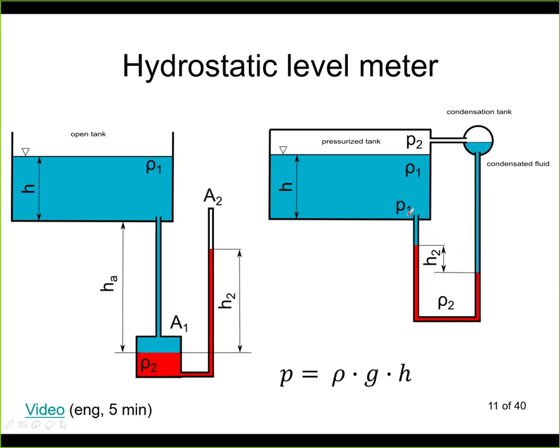So there will be one tap here at the bottom and one tap for the pressure on the top. I recommend you to take a look at this video where they show different arrangements of the sensor, and they explain a little bit more how this is done in industrial applications.